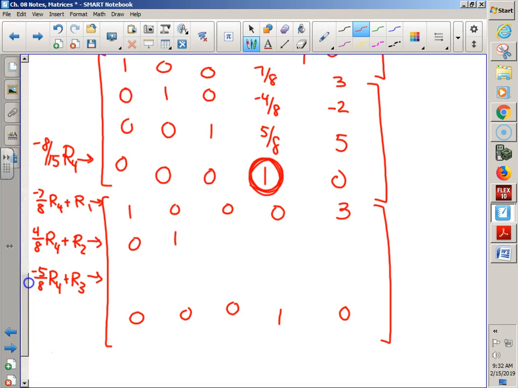0 plus 1. 0 plus 0. 4/8 minus 4/8, 0. Anything times 0 is 0 minus 2. Negative 5/8, 0 plus 0. 0 plus 0. 0 plus 1. Negative 5/8 plus 5/8. 0 plus 5.